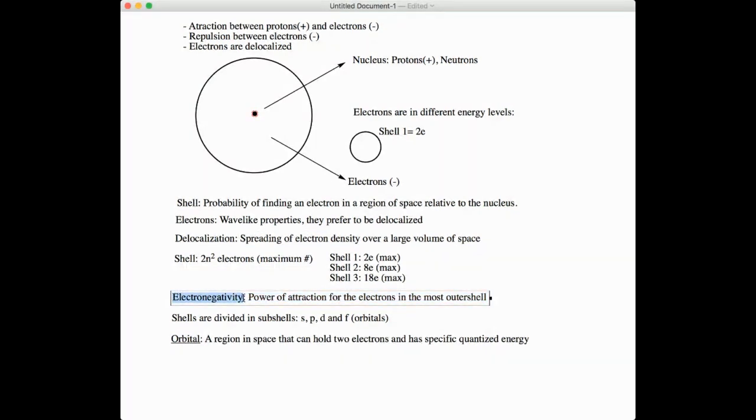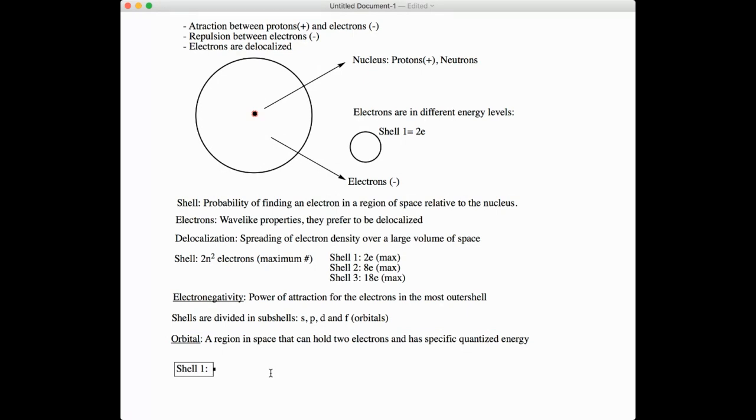So once again, around the nucleus, we're going to have shells. Each shell can have a maximum number of electrons, and within each shell, we have subshells. And these subshells, we're going to call them orbitals. Okay, and the maximum number of electrons that an orbital can hold is 2 electrons. Okay, so according to this, in shell number 1, how many orbitals are we expecting to have?